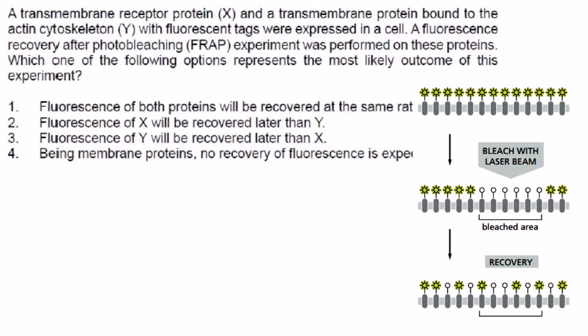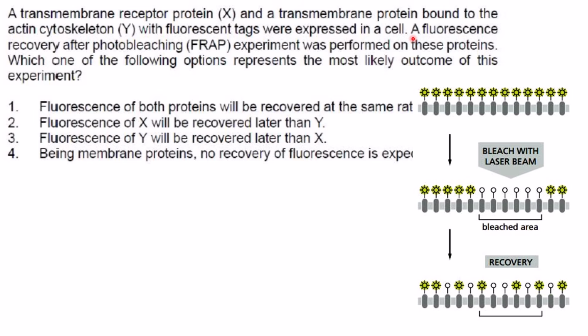Then next one: a transmembrane receptor protein X and a transmembrane protein bound to the actin cytoskeleton, Y, with fluorescent tags were expressed in a cell. So you have taken a transmembrane protein X, which is free to move, and a transmembrane protein Y, which is bound to the actin cytoskeleton.